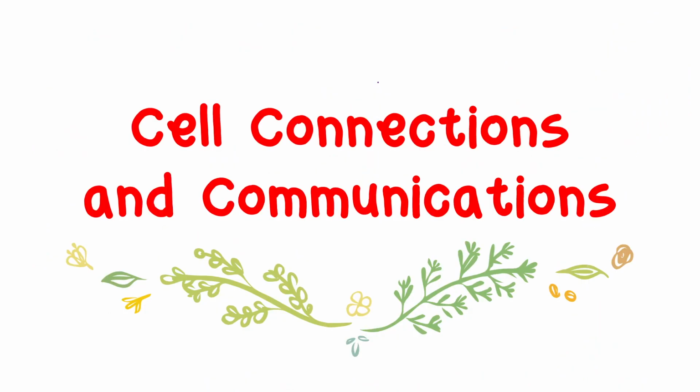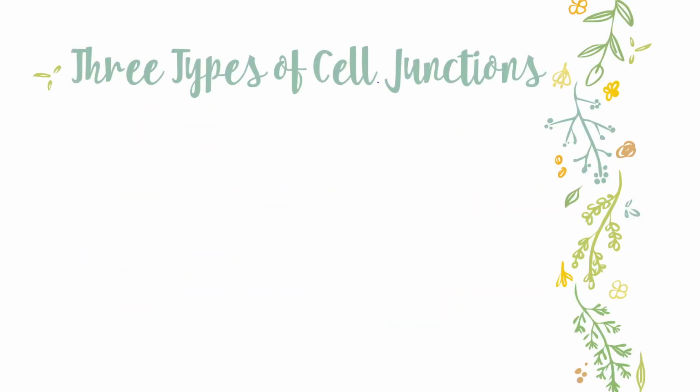Okay. Since we are talking about transportation and such, it would be best to also discuss how your cell connections and communications are done. One important portion of your cell that focuses on cell connections and communications is what we call your cell junctions.